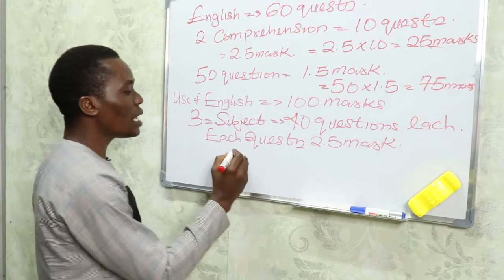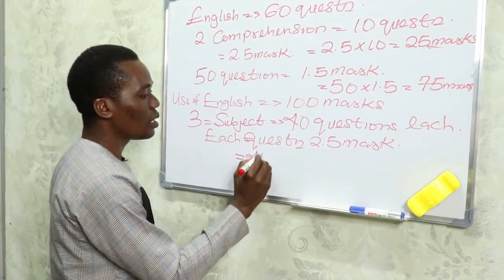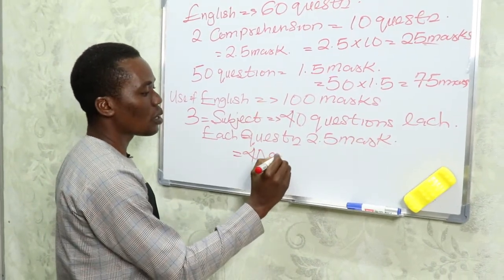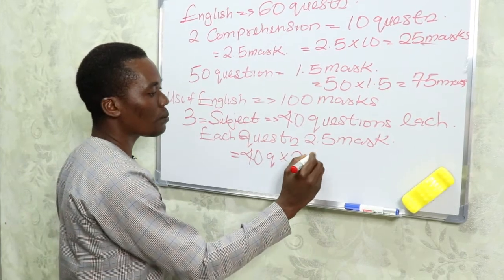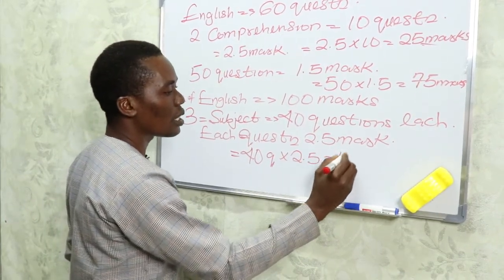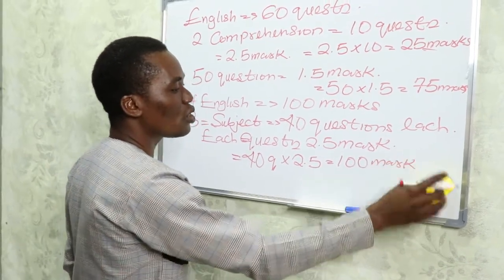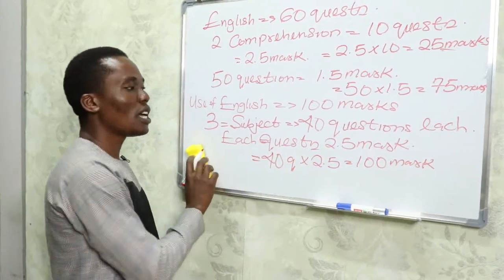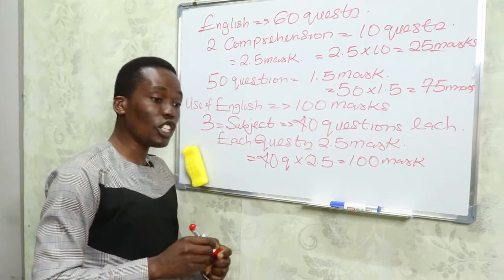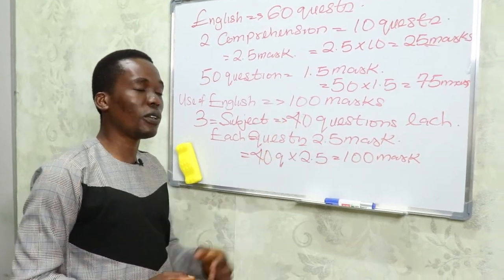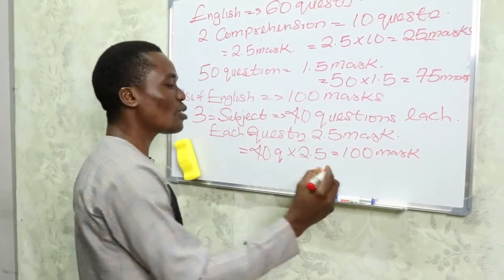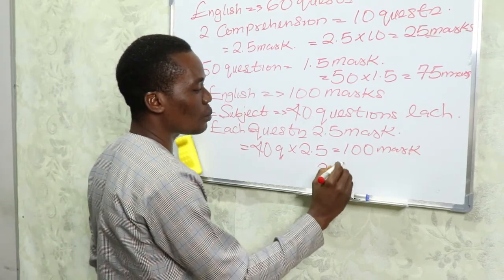If you multiply 2.5 times 40 questions, you are going to get 100 marks. Do you see, for each of these subjects, you are going to have 100 marks, because each of these 3 subjects has 40 questions.